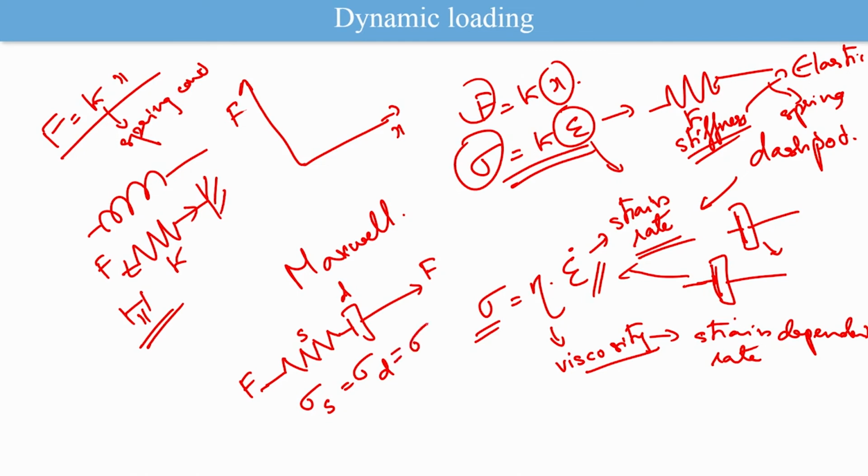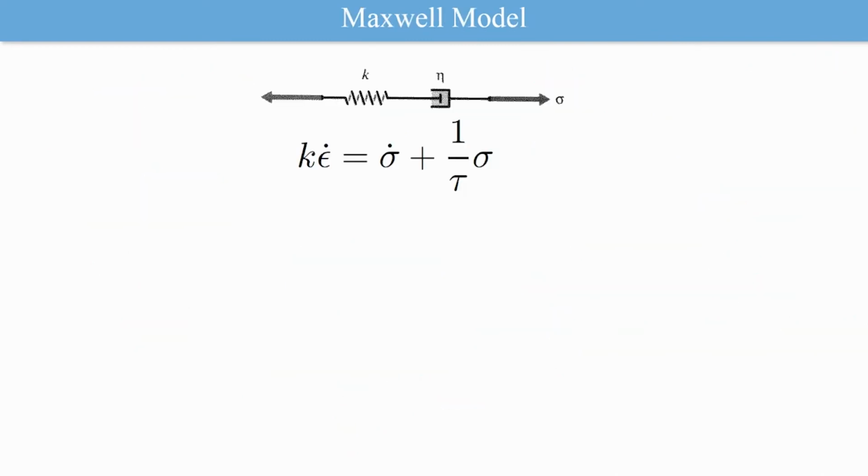We call it sigma only. And the total strain caused when you apply the force will be the sum of the strains in the spring and in the dashpot. That is the Maxwell model.